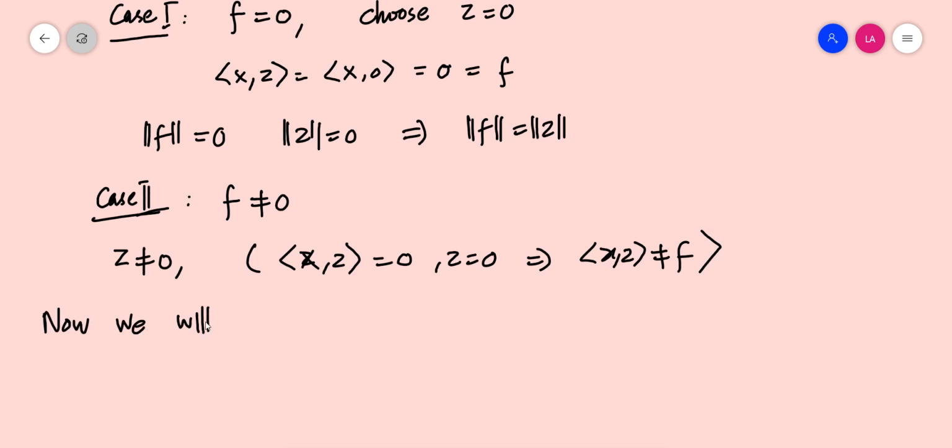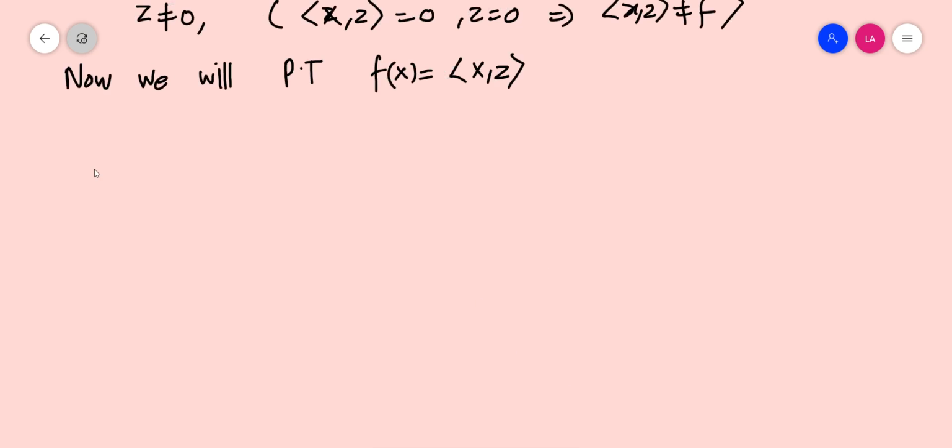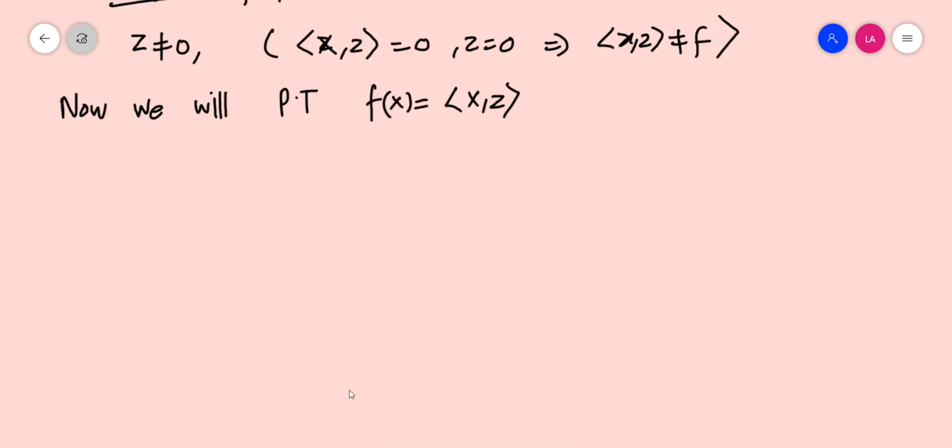So now we will prove that f of x is equal to inner product xz. This is what we are going to prove. Now, we have assumed that our z is actually not equal to 0.